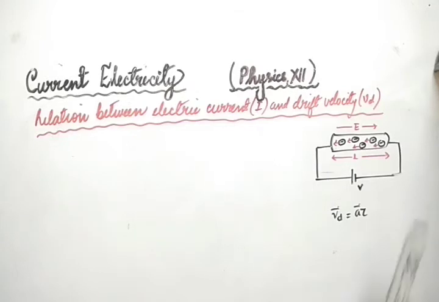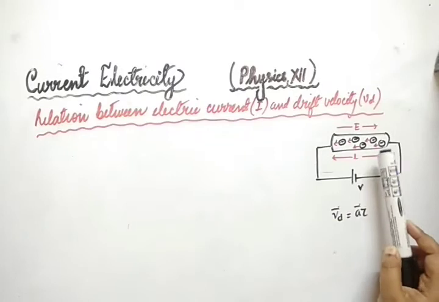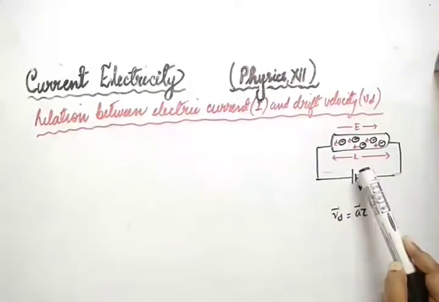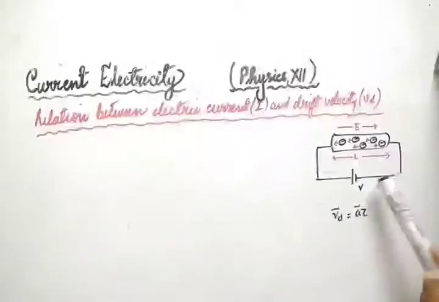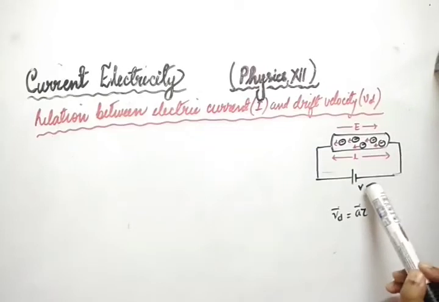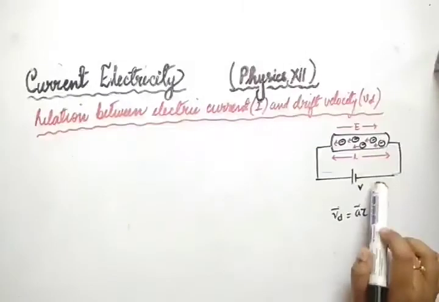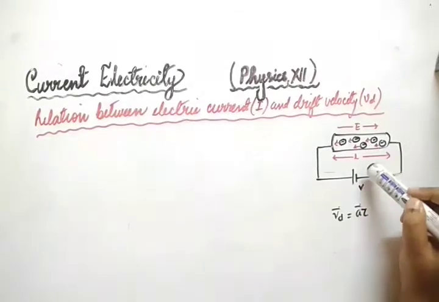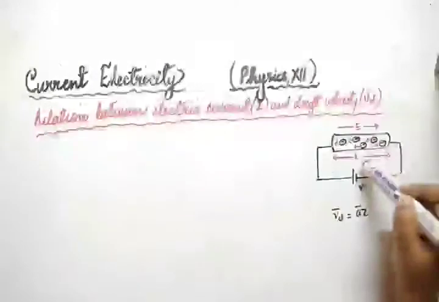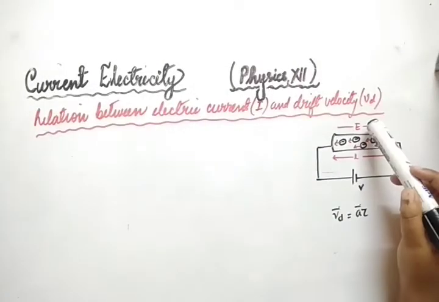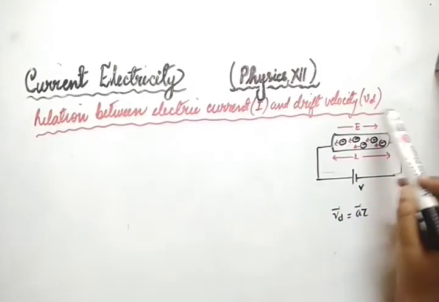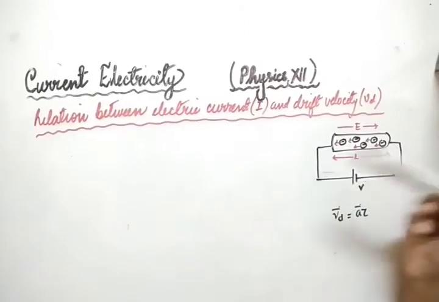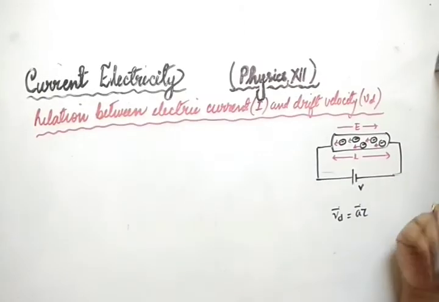At first, let us see this circuit where this is a conductor. This conductor is connected to a source which is establishing a potential difference of V volts across the circuit. The electric field is from positive to the negative end, and electrons are moving with the velocity V subscript d in this direction.